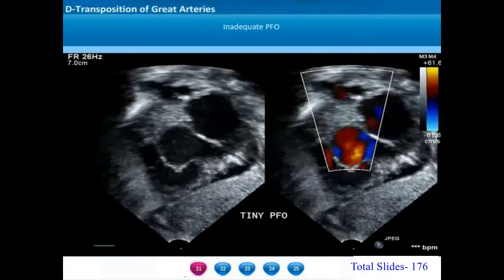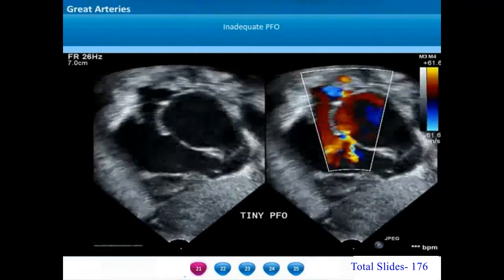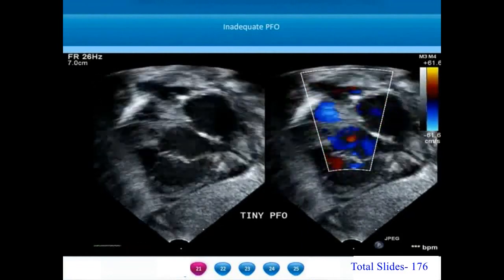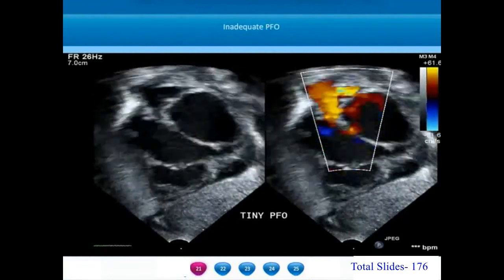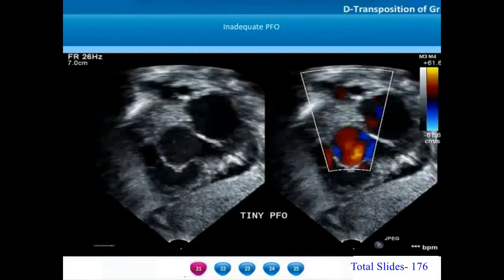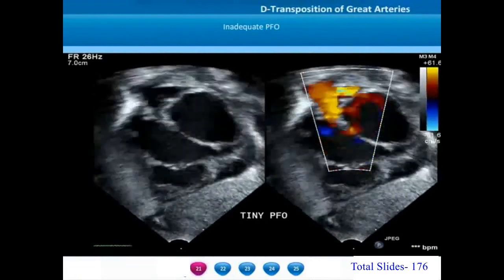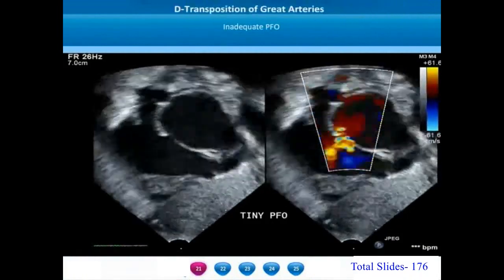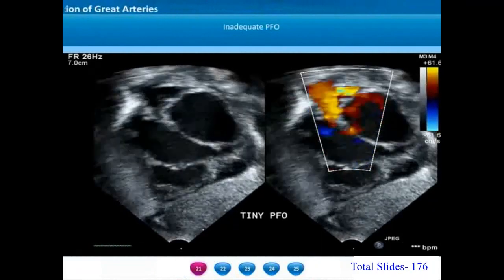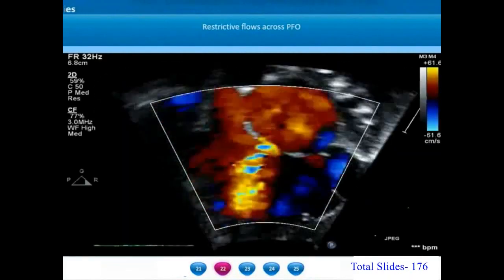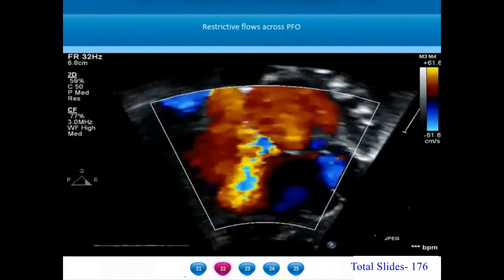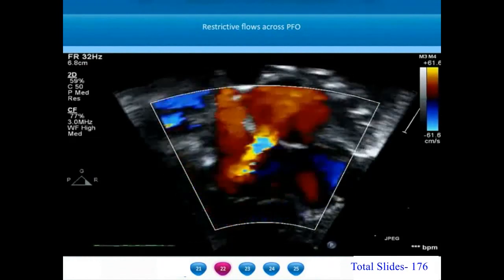If the patent foramen ovale is very restrictive, the amount of shunt through the foramen ovale will be very small, and this will mean very reduced effective cardiac output and effective pulmonary blood flow. On a magnified view of the interatrial septum, we can notice an extremely restrictive foramen ovale.